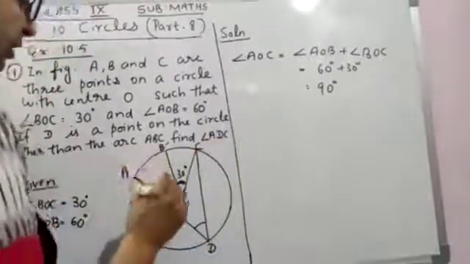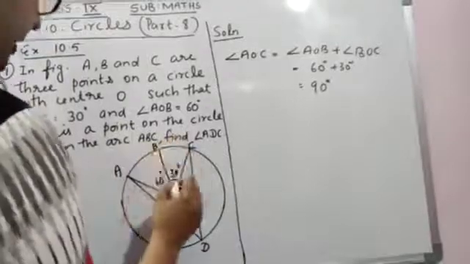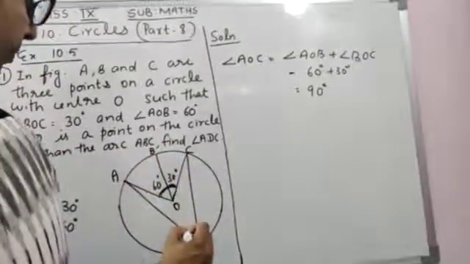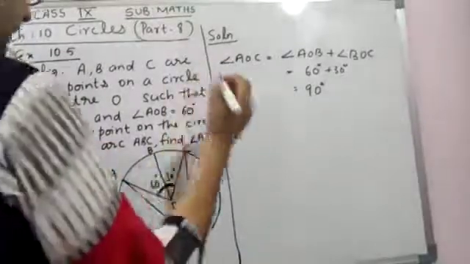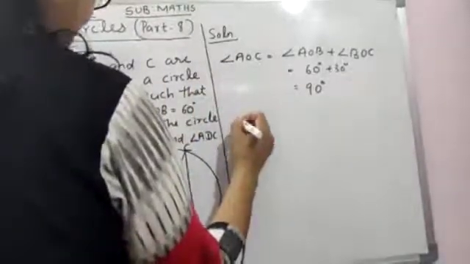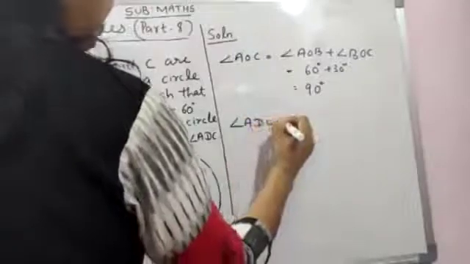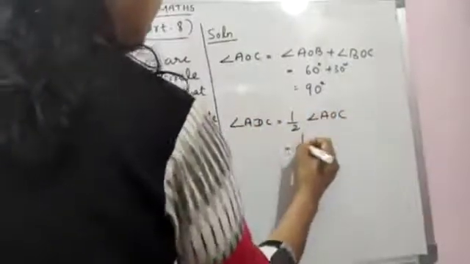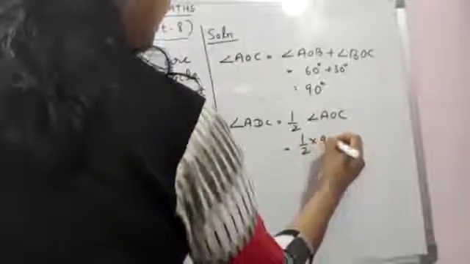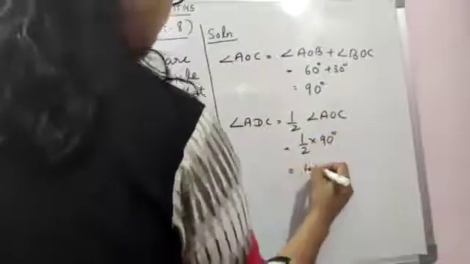So by the theorem, the angle subtended by an arc at the center is double the angle subtended by the same arc on the remaining part of the circle. So by that theorem we can write angle ADC is equal to half of angle AOC, that is half into 90 degrees, that is equal to 45 degrees.